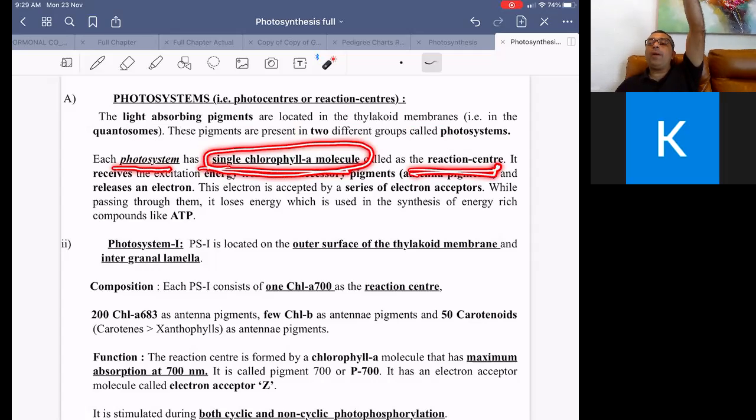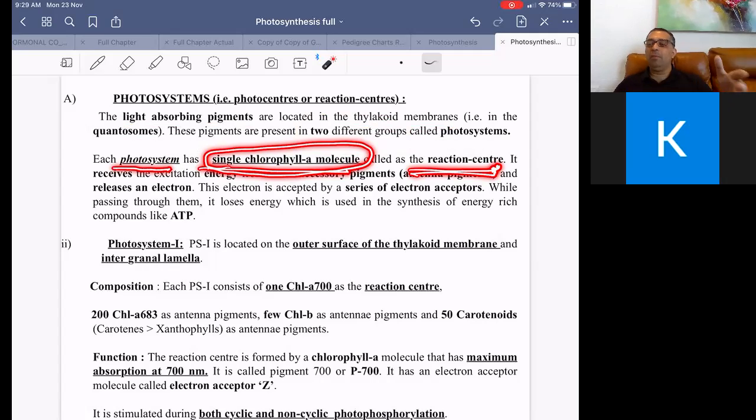Whose electron is expelled? Chlorophyll A's. So all other pigments only absorb energy and give that energy to chlorophyll A by resonance transfer, and the electron of chlorophyll A is expelled out, which will return back to chlorophyll A in 10 raised to minus 9 seconds and form ATP.